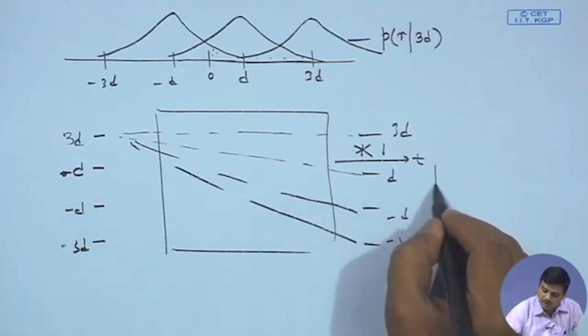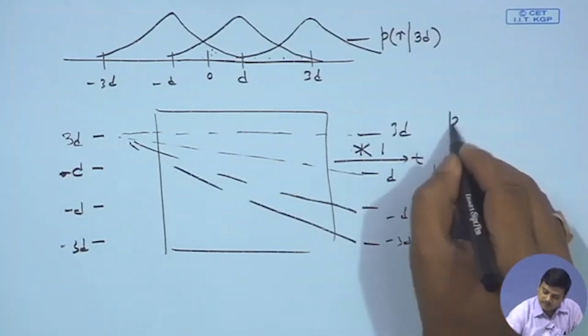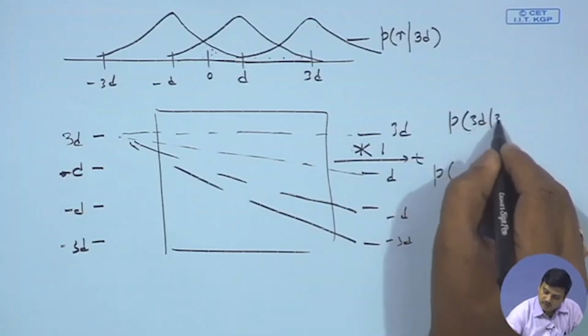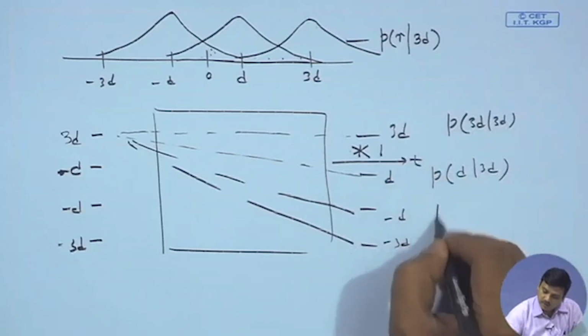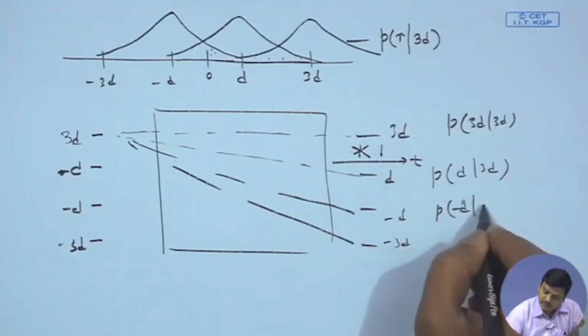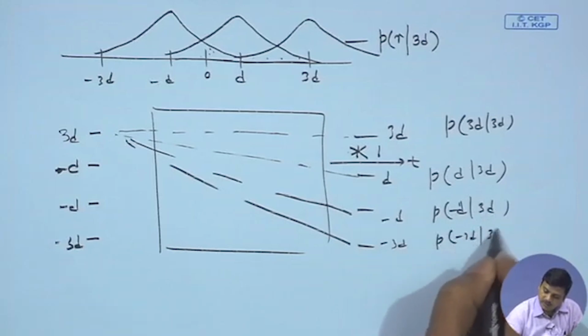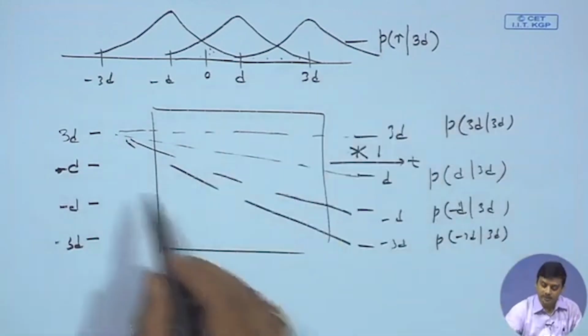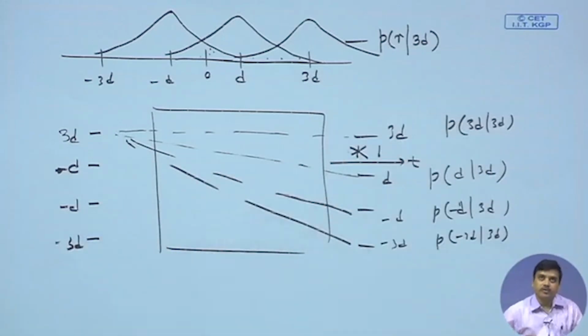So we have transition probabilities of getting 3D given 3D, getting D given 3D, getting minus D given 3D, and getting minus 3D given 3D. Similarly, the probability of 3D given D, and so on and so forth. We are going to get all these transition probabilities.